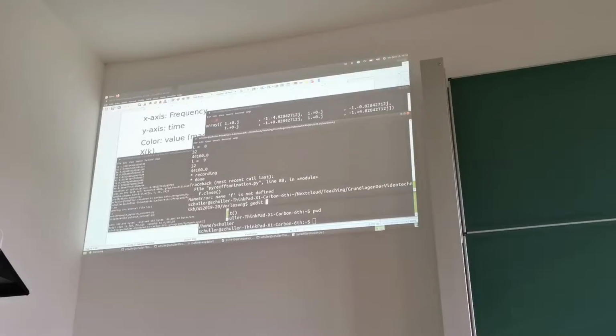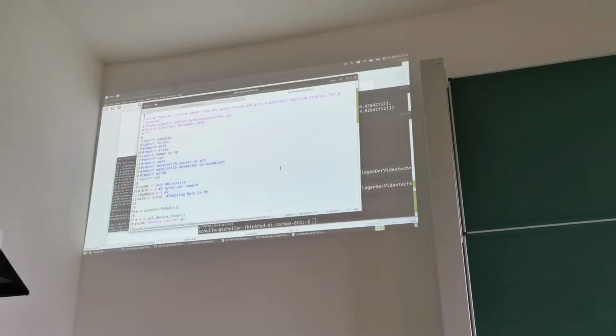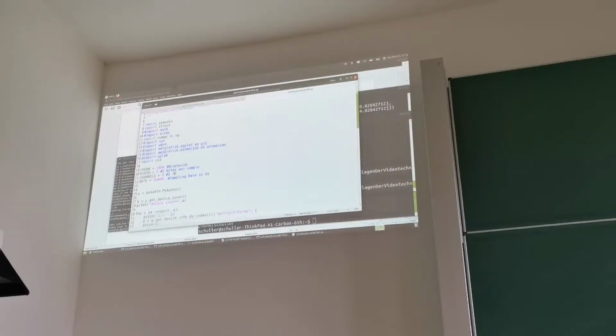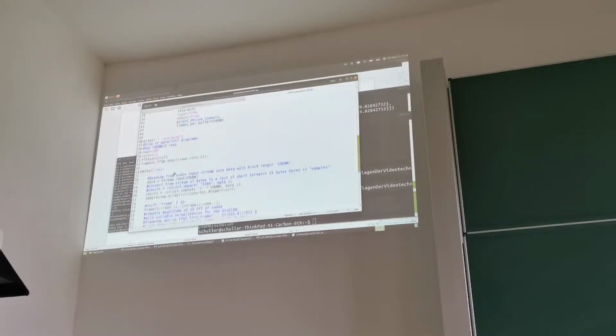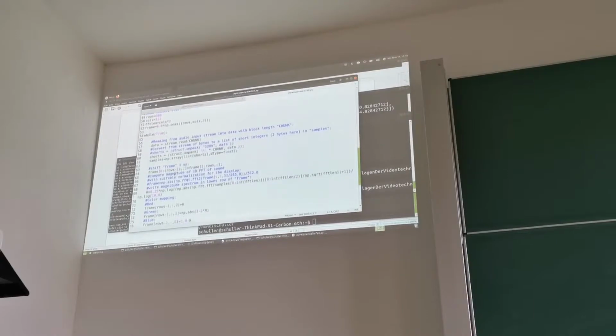Here the beginning is the same, but now we include CV2 for live displaying. It's this color image. And here the setup of the audio part is the same. But now we have a slightly modified main loop.